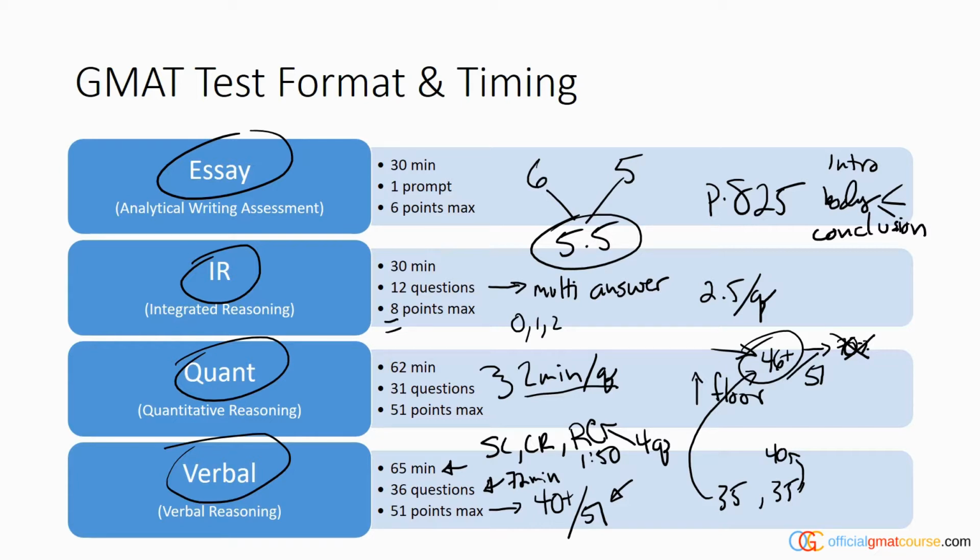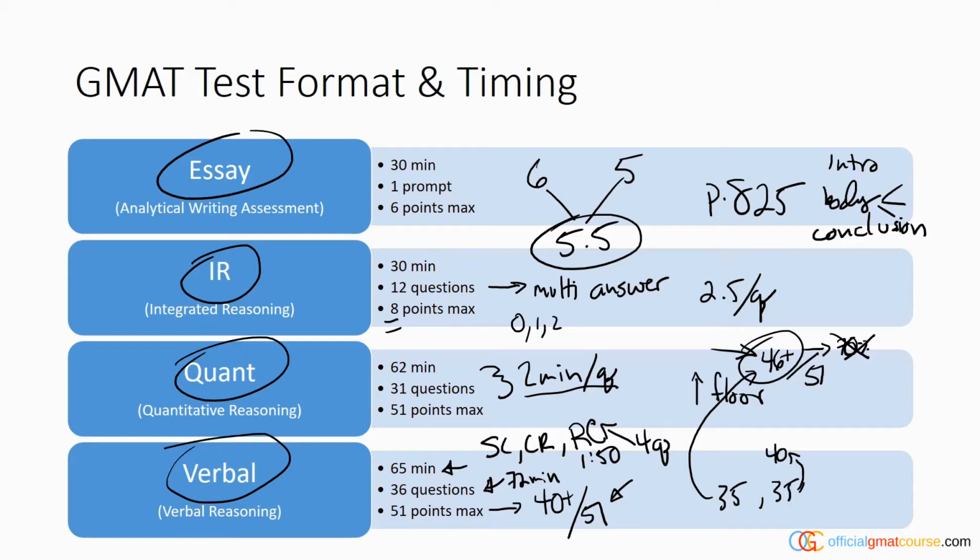Now, one important thing to note about every part of the test is you cannot go backwards after you've answered a question. You can only go forwards. And in order to proceed through the test, you have to choose an answer. You cannot just blindly skip.